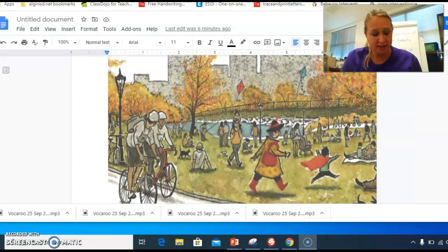Now you are going to get out your journal and you are going to write 2 sentences for the quantity of an object you see in the picture. Okay, so you can choose any adjective for quantity that you want to. You may use our list that we made the other day, or you can use a number word.